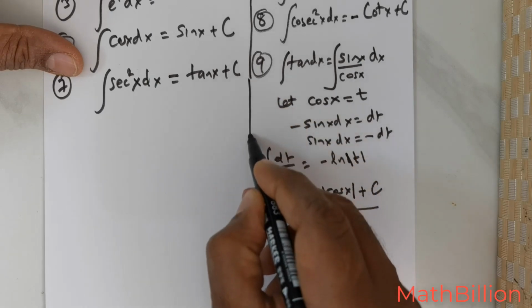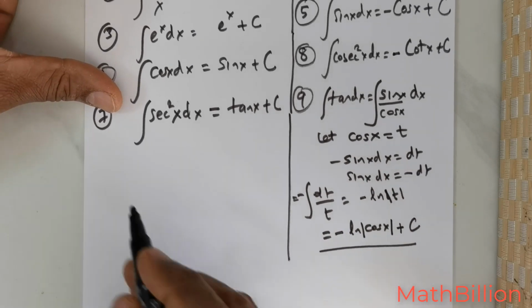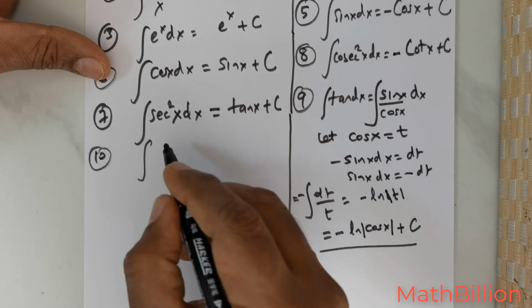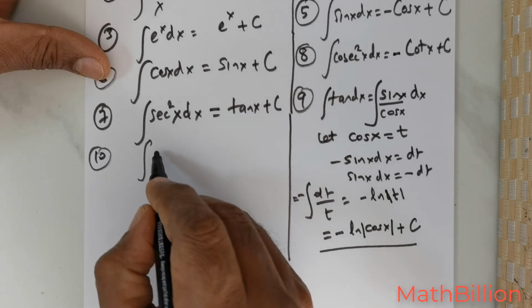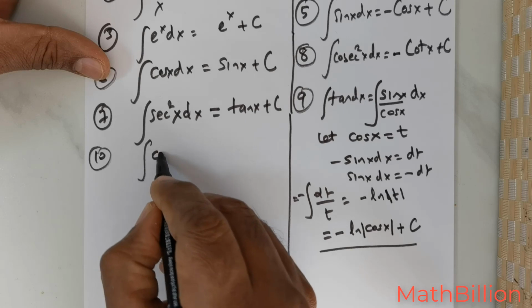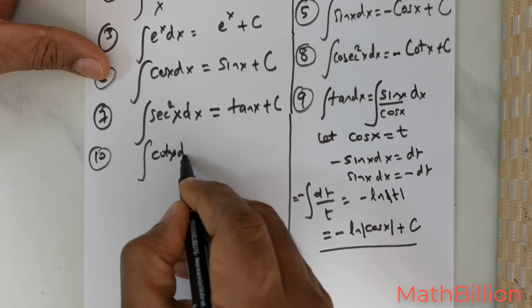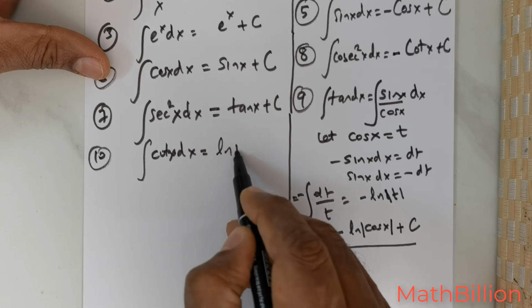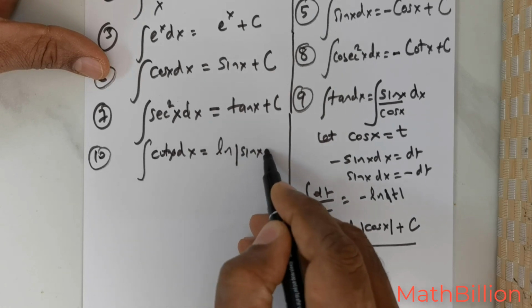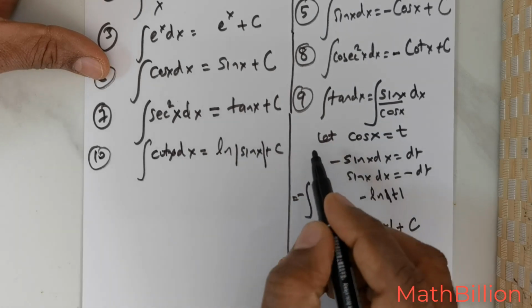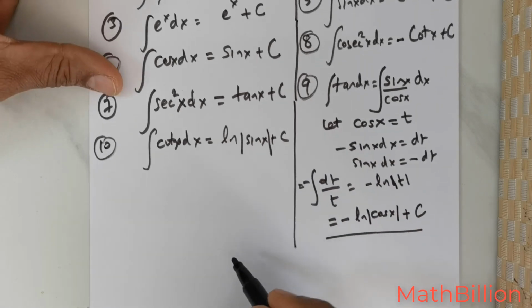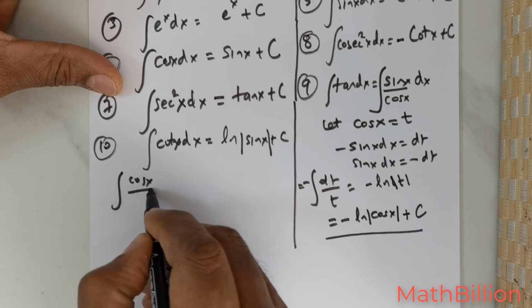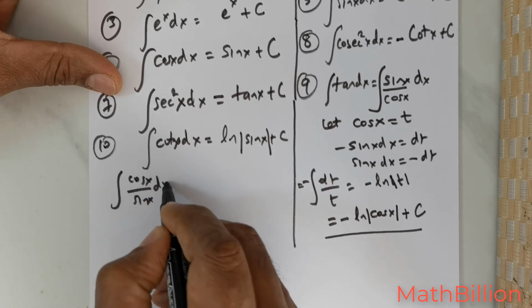Now if I extend this line and go up to formula number 10, I've got the integral of cot x dx. This is going to be ln of sin x plus arbitrary constant c. If you want me to show you how it is done, cot x is nothing but cos x over sin x times dx.